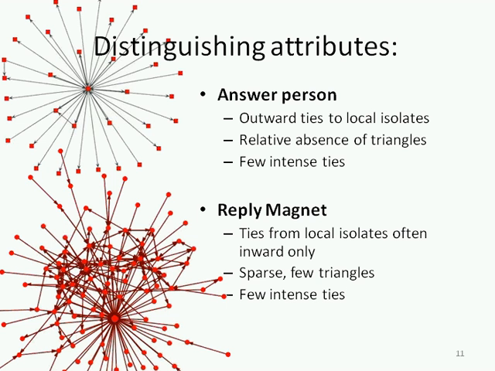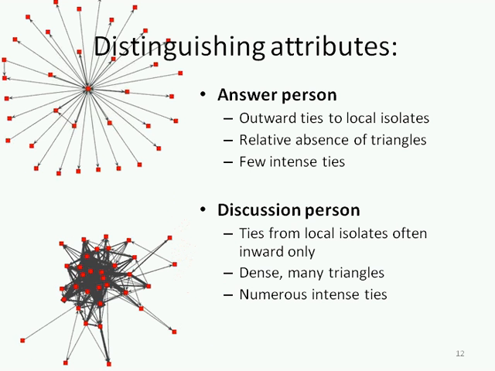And it's worth noting that the reply magnet is linked to people who are linked to one another, at least more so than the answer person. So they are connected to people of relatively high in and out degree by comparison. So let me move you forward to the next image, which shows the alternative to the reply magnet, which is to say the discussion person.